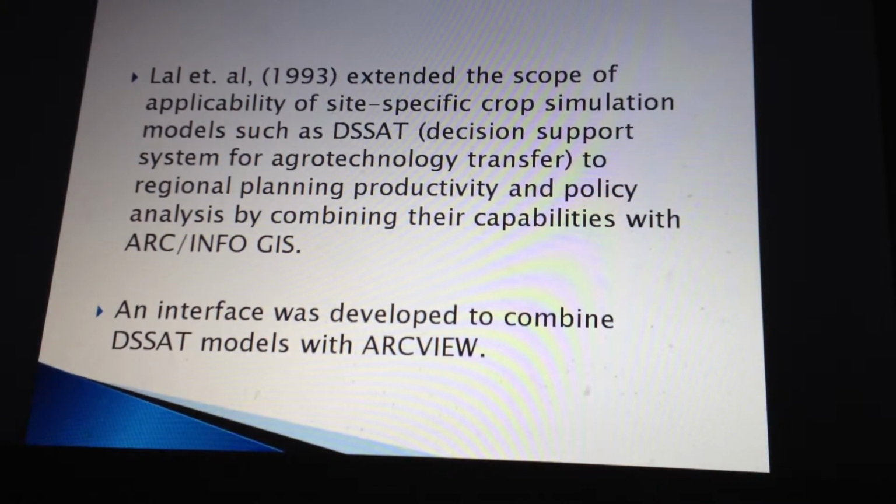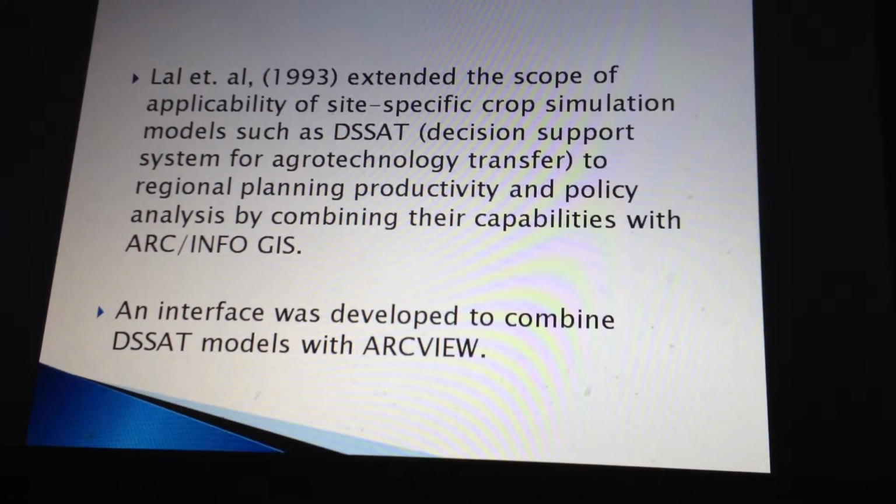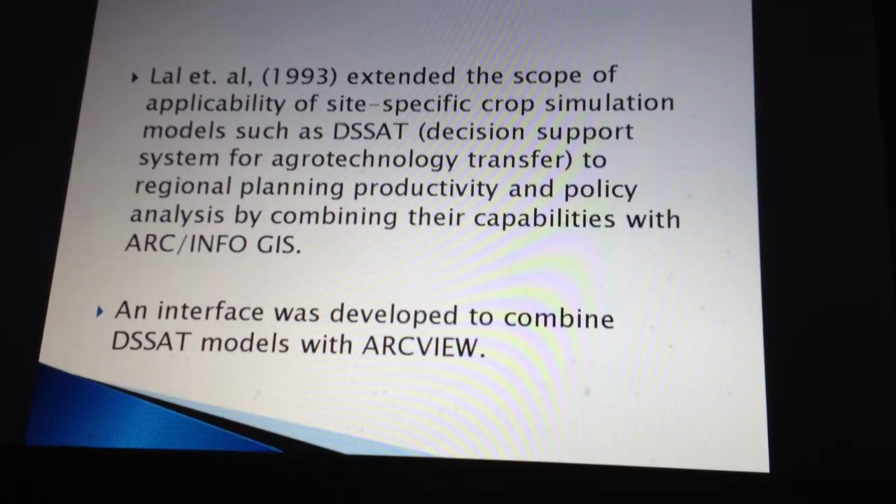An interface was developed to combine DSSAT models with ArcView.